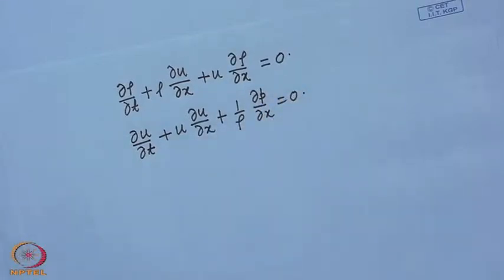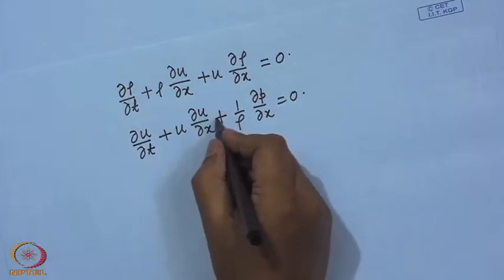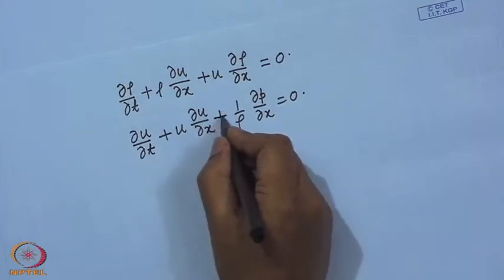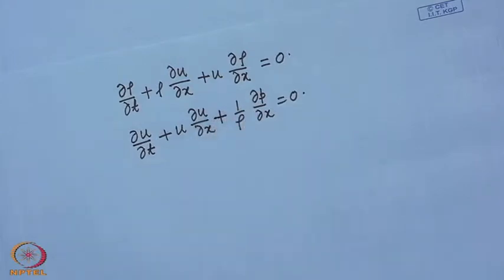Since we are considering an adiabatic non-viscous motion, the flow is isentropic, and consequently the energy equation can simply be written as either H0, that is the total enthalpy, equal to constant, or entropy equal to constant.